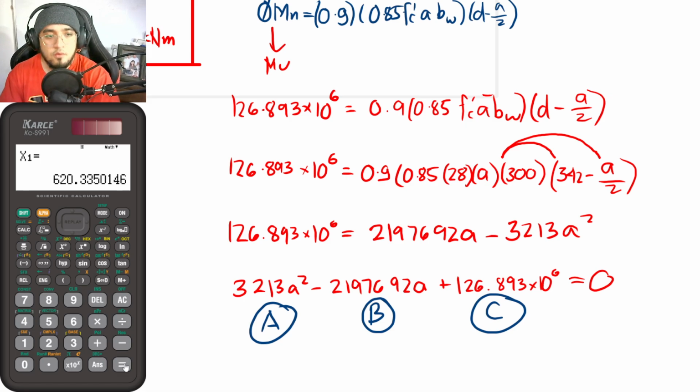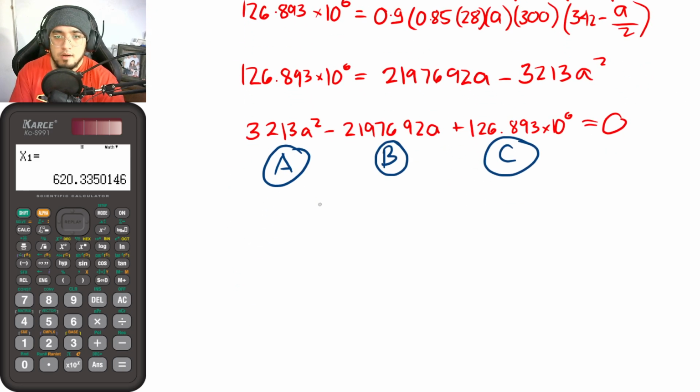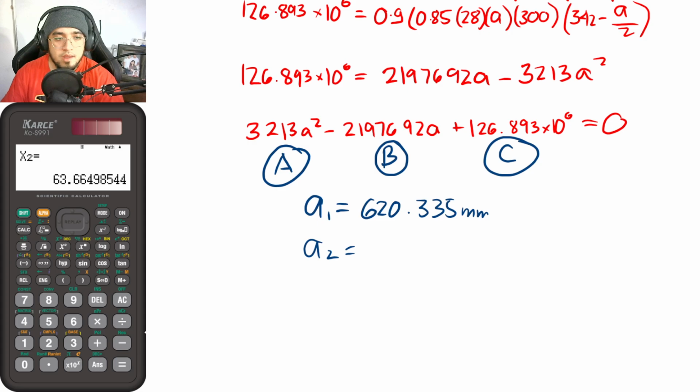Okay, so with that, guys, we have two possible answers. So the first answer, for A1, is now equal to 620.335 mm. And for A2, another possible answer is 63.665 mm.